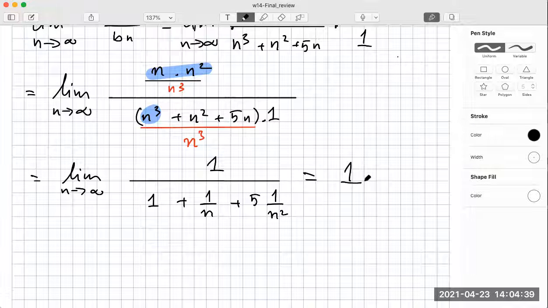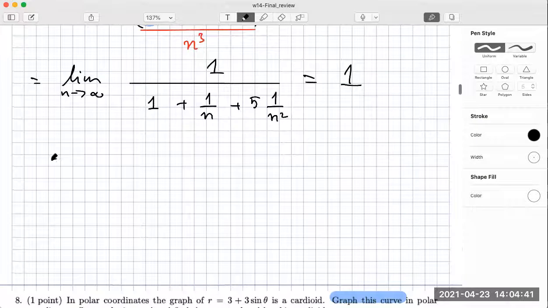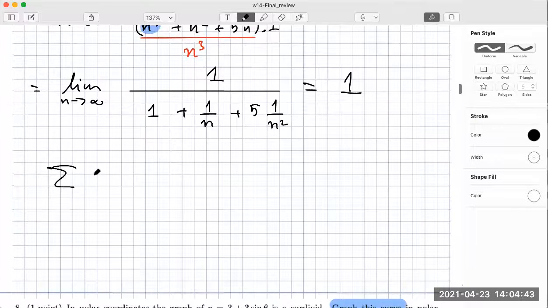So this implies that, let's just talk about the limit comparison test with a_n and b_n.